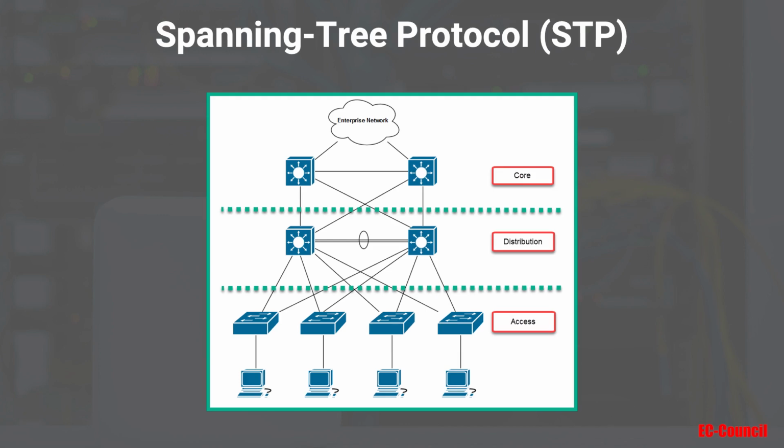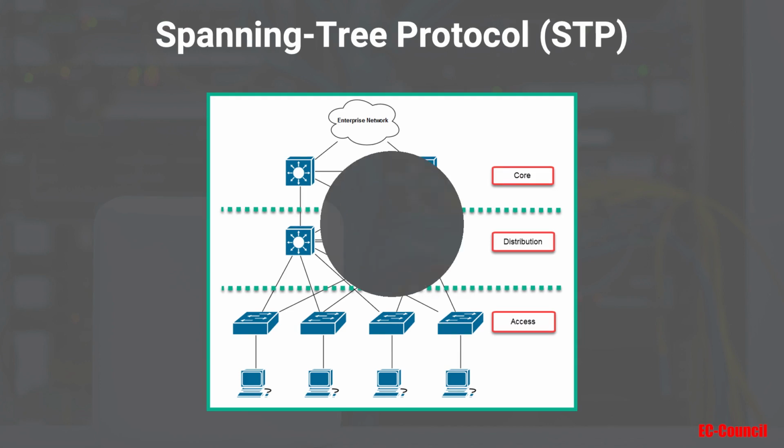Spanning tree does not shut down an interface, but what it will do is logically block that path or block that interface within the software itself. So let's say that this interface here is currently blocked by spanning tree. Therefore, any messages between PCA to PCD will have to take this highlighted path between switch A1 to D1 to A4 and then to the destination, which is PCD.